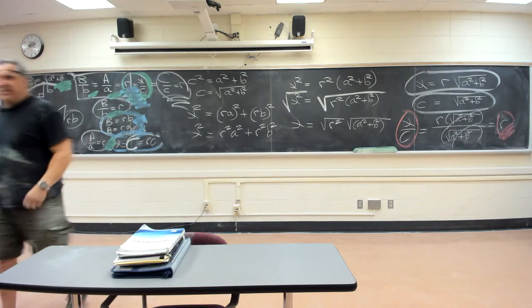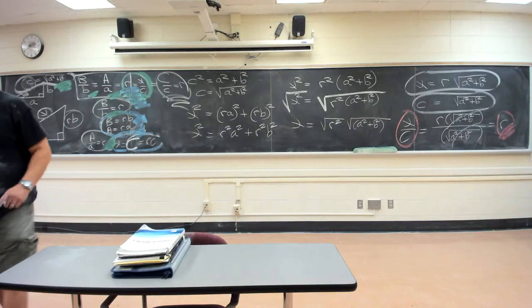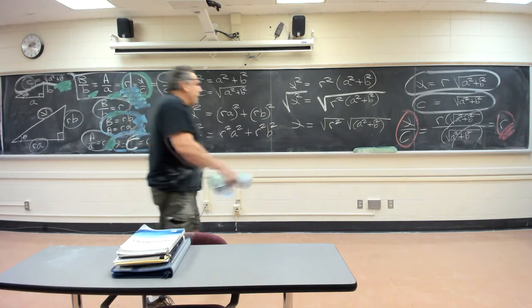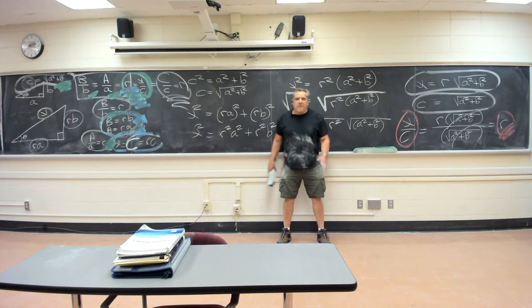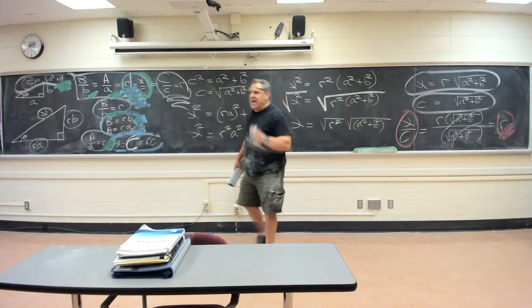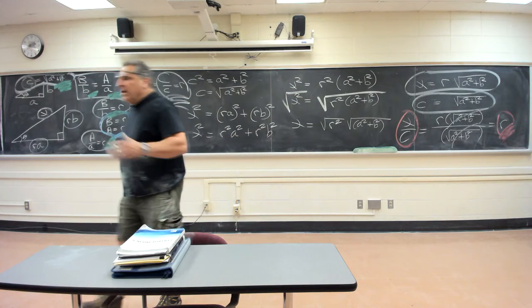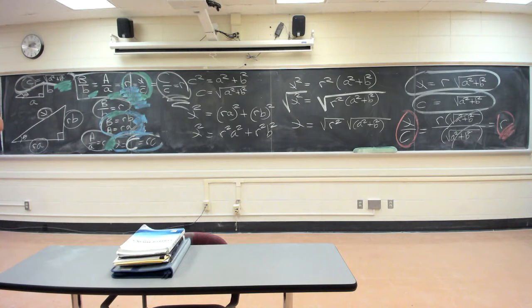Every single side of any right triangle is proportional to a similar triangle to it.